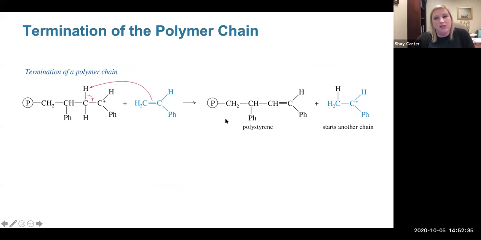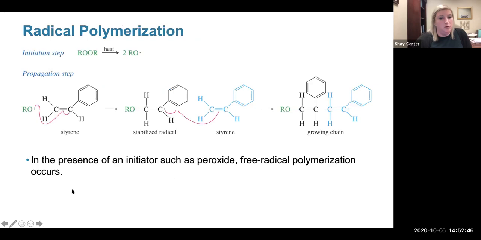And then termination of the polymer chain. Again, our last monomer unit will have a double bond. Radical polymerization: what typically happens is we have a radical.